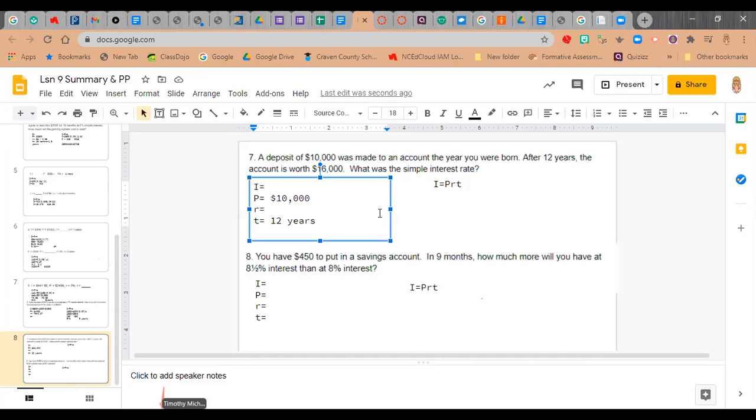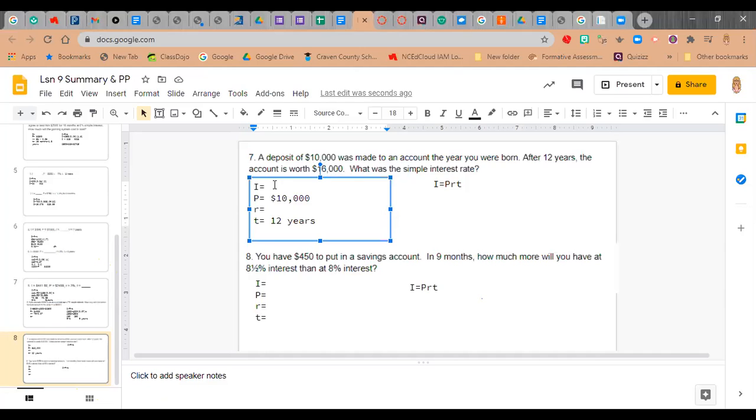So do you think the bank is going to give you $16,000 after 12 years if you only deposited $10,000? No, they are not. Okay, just like the previous problem, this says the account is worth $16,000.